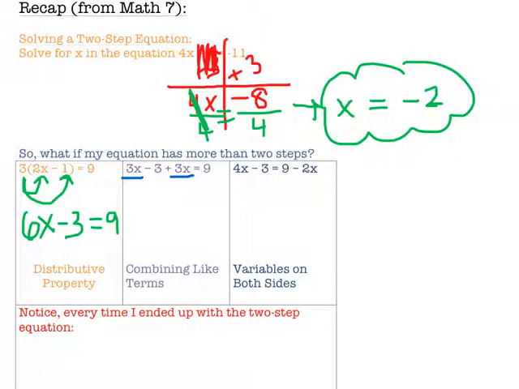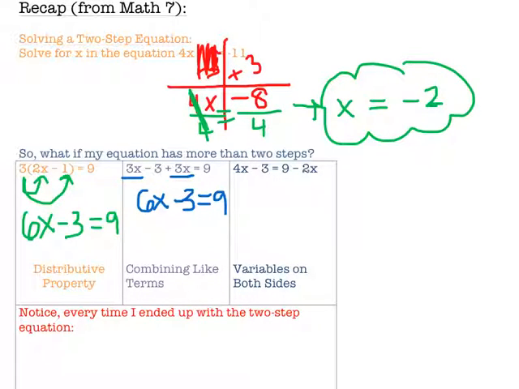Now, I can't put 3x here together with this minus 3. Those are not like terms. But 3x plus 3x is 6x minus 3 equals 9. And now I have a two-step equation, and you might be noticing already why I was holding off on solving that distributive property equation the whole way.